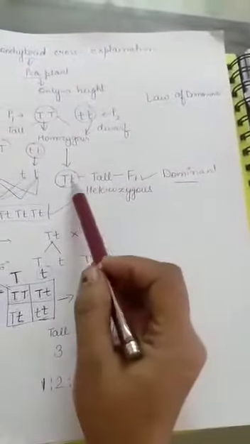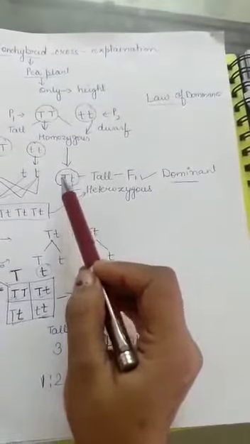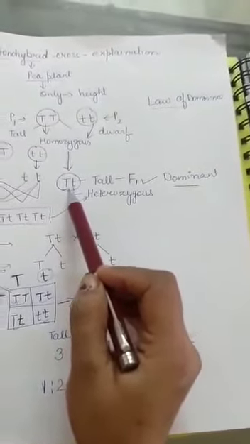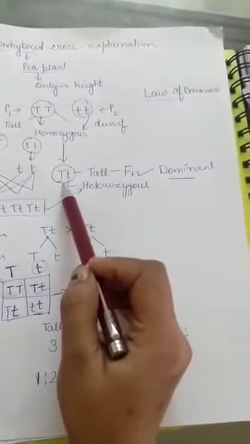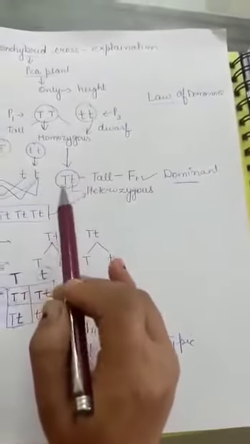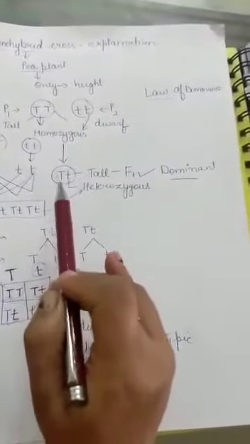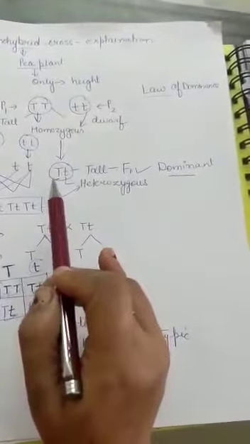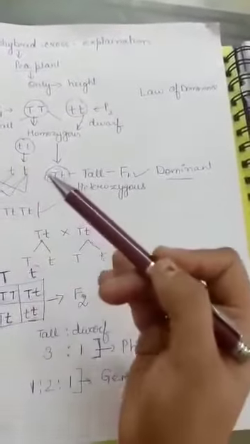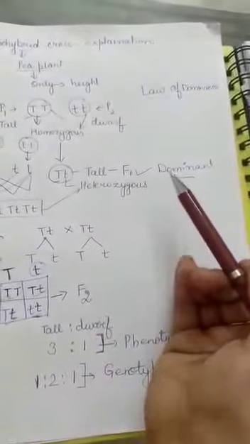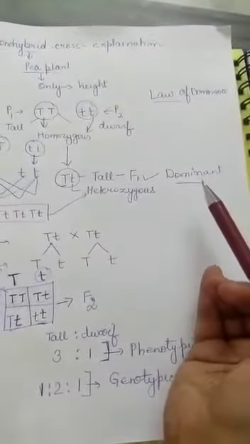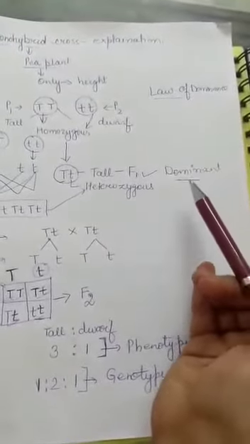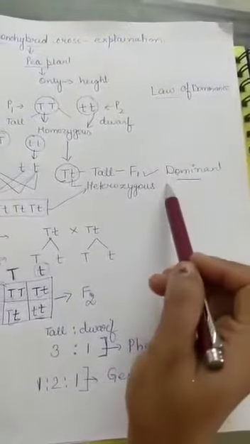So we saw in this cross, Mendel observed that when the allele for tallness is present, whether TT, capital T and capital T, or capital T and small t is present, this capital T is going to express itself. So the trait which expresses itself in the presence of another allele as well is referred to as dominant gene.